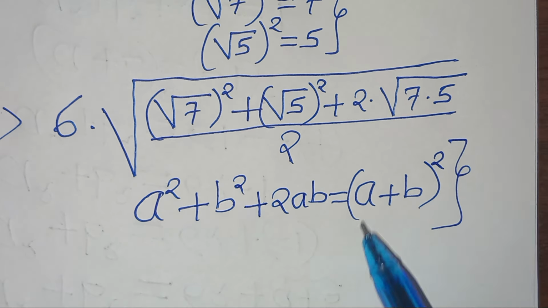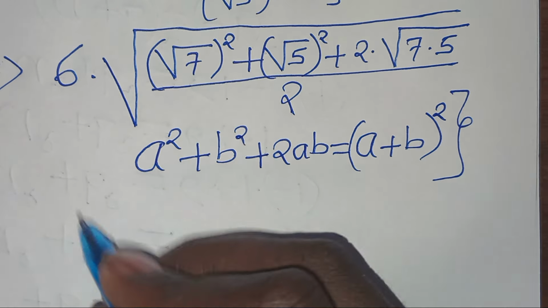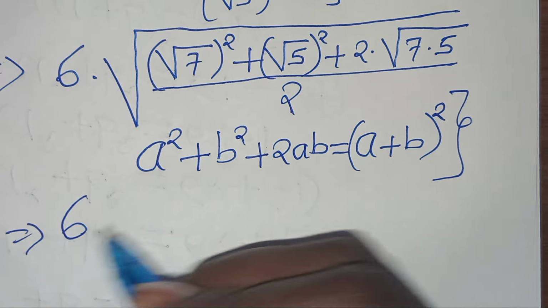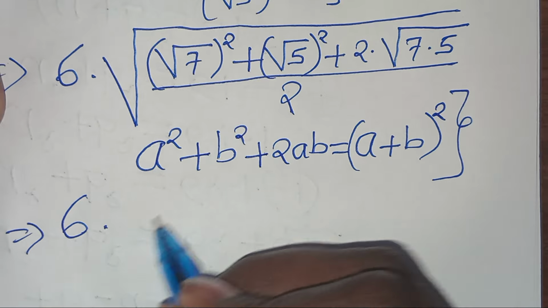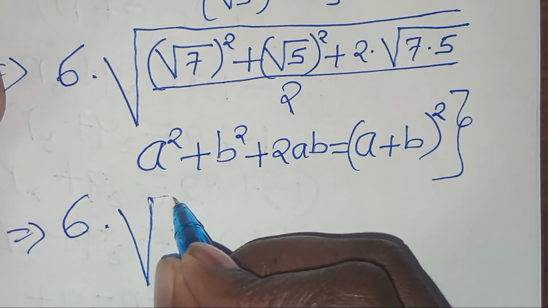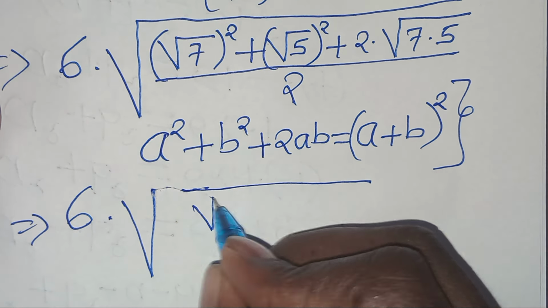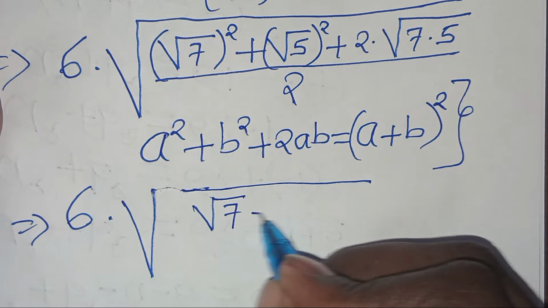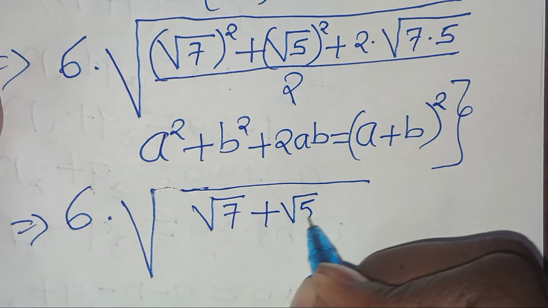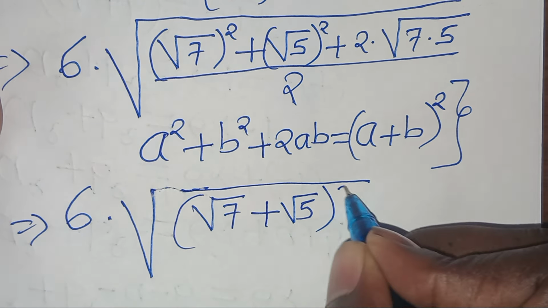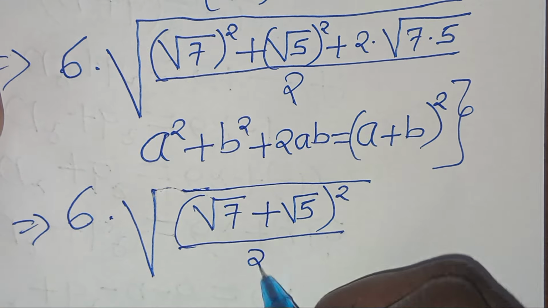Now let's apply this algebraic identity so that now here we have 6 multiplied by the square root of square root of 7 plus square root of 5 raised to the power of 2 divided by 2.